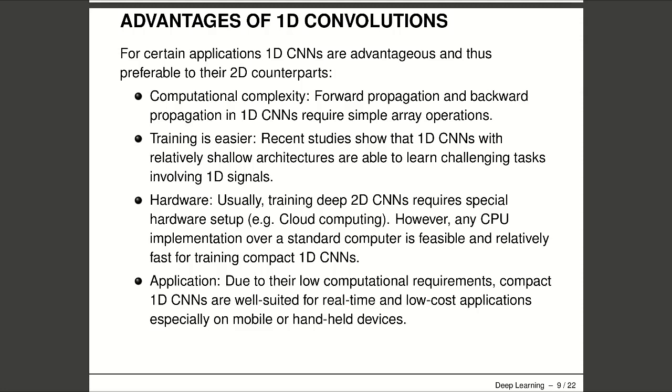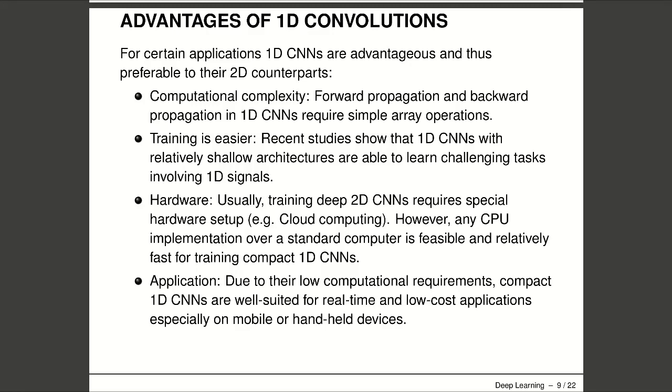Forward propagation and backward propagation in 1D CNN require simple array operations. However, for 2D CNN, we need matrix operations. This means that the computational complexity of 1D CNN is significantly lower than 2D CNN.